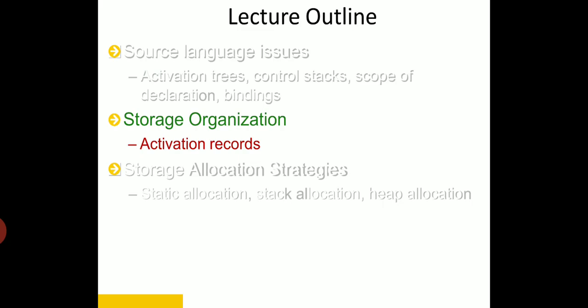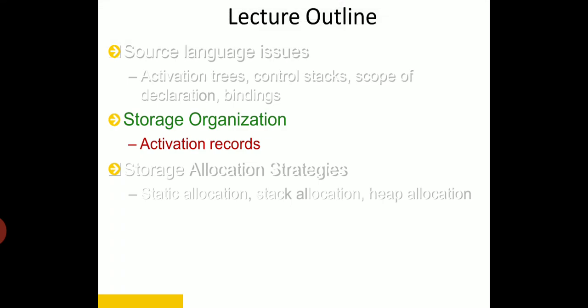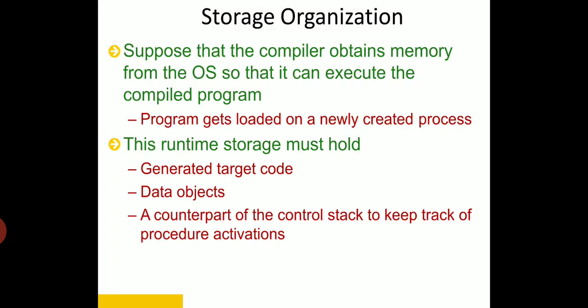Next topic is storage organization. Under storage organization, we'll be seeing the details of the activation record. In the case of storage organization, we know that the compiler will be producing an executable as a target program, and this target program is to be stored in the main memory for execution. At that time, the OS has to perform memory management functions.